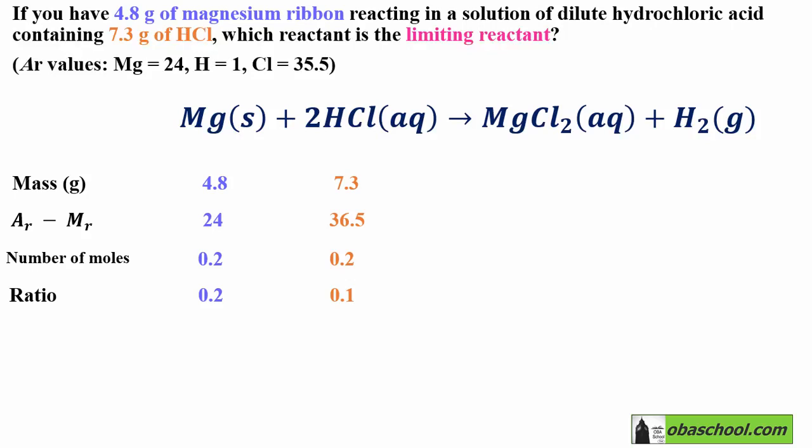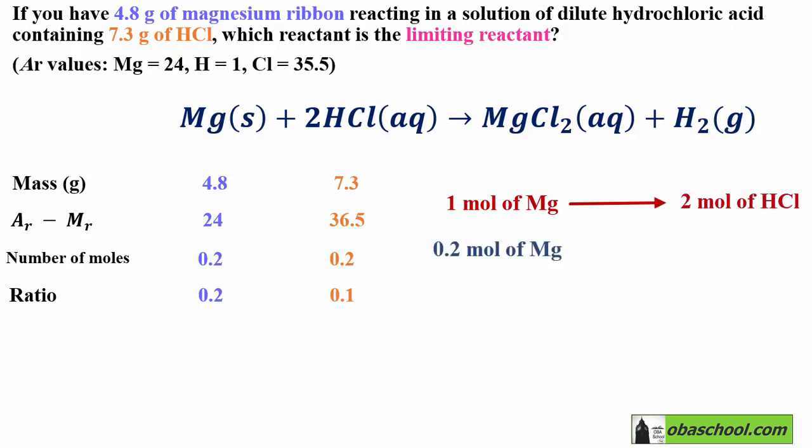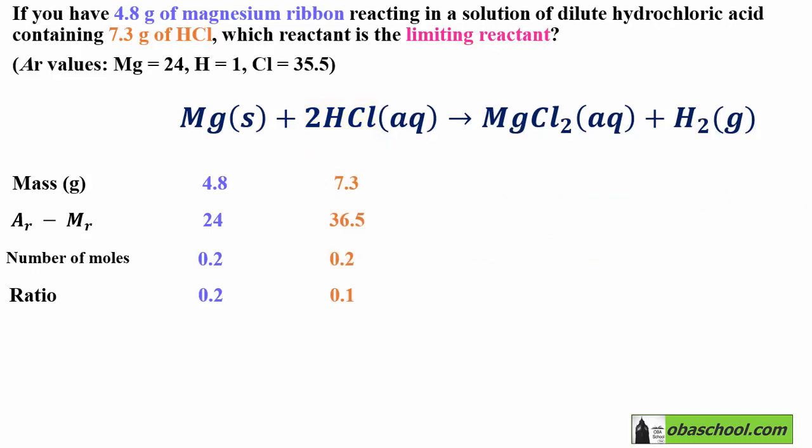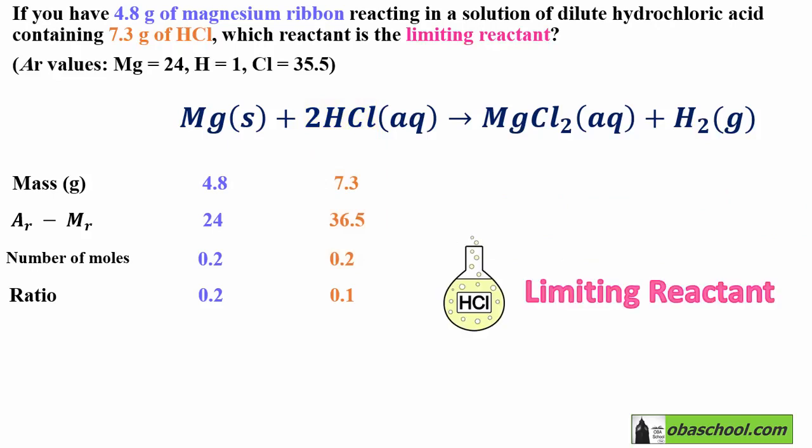From the balanced equation, we can conclude that 1 mole of magnesium will react with 2 moles of HCl. Therefore, 0.2 moles of magnesium will need double the amount of HCl to react completely, and this is 0.4. However, we only have 0.2, and thus HCl, hydrochloric acid, is the limiting reactant.